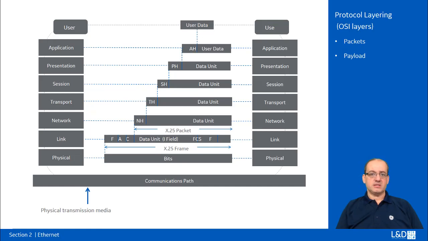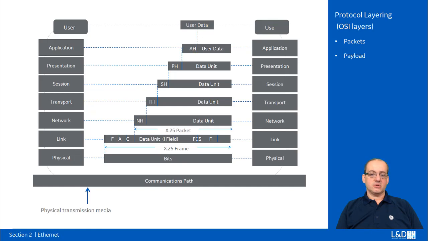So let's say if it is DNP, and the DNP message has to start with 0564, maybe that will be added to the message at that layer, and then the presentation layer will make sure that the information is ready for transmission, the session layer will establish a session with the other device, and so on.